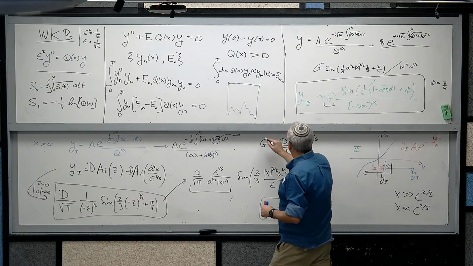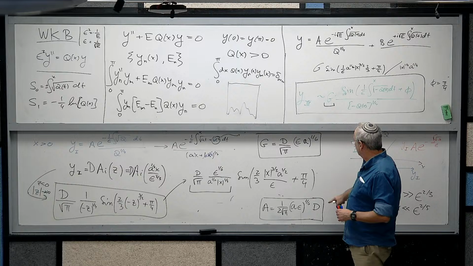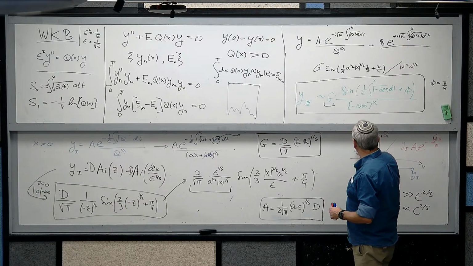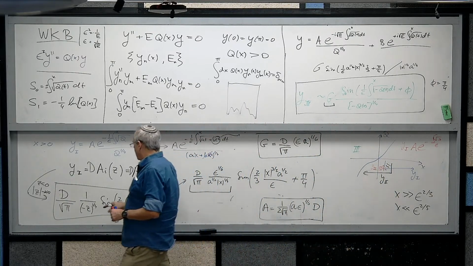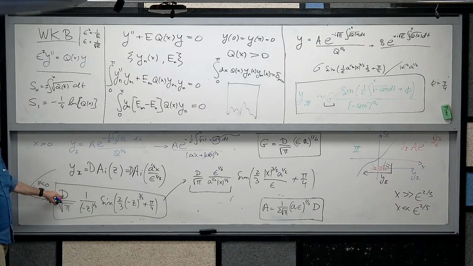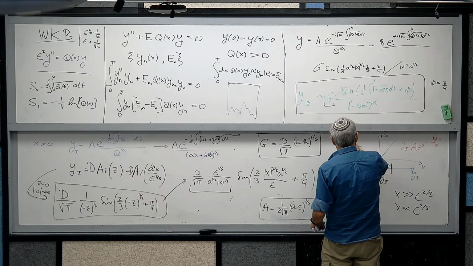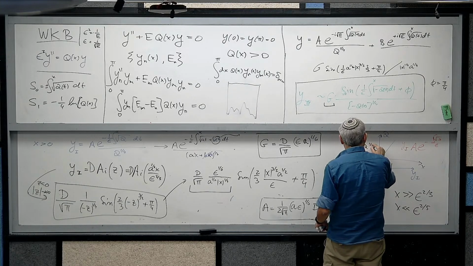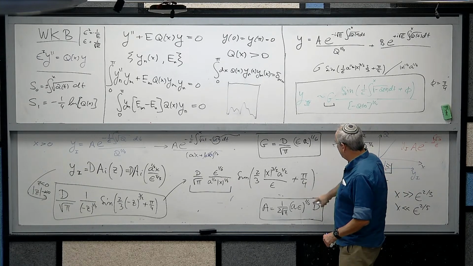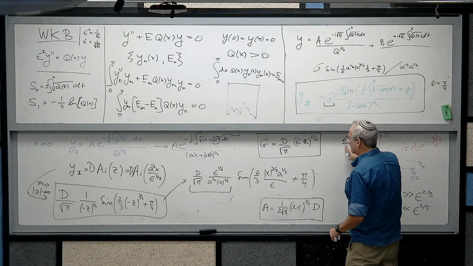So we have this and we have that, and here everything is proportional to D, and here everything is proportional to A. So here we have D times e to the integral of q, the WKB thing, and q to the 1/4, and here we have A, and now we can write D.